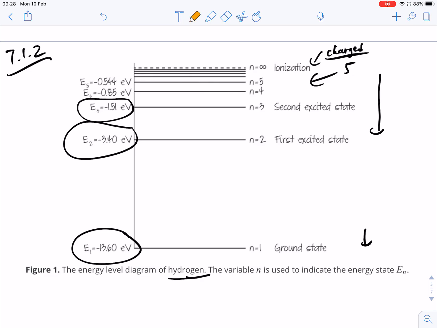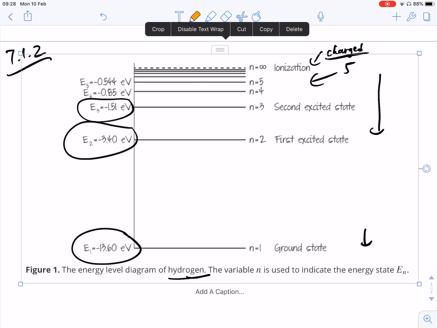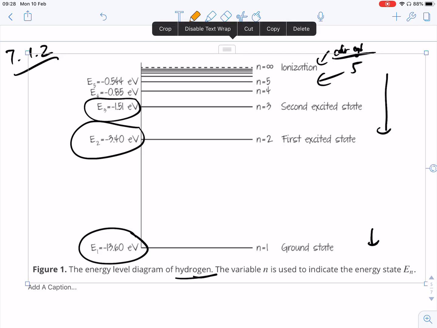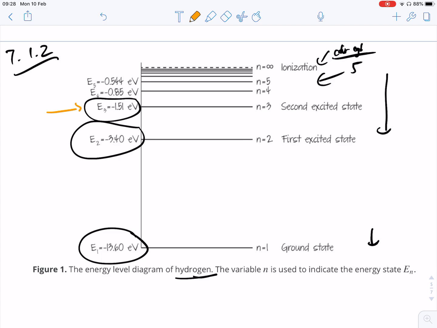So what we're really saying here is that an electron, supposedly it was already at, let's say it was at state number 3, or n equals 3. So it's the second excited state. And what can happen?